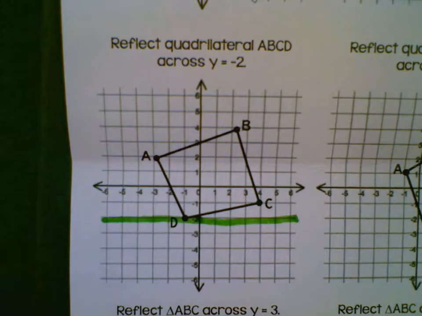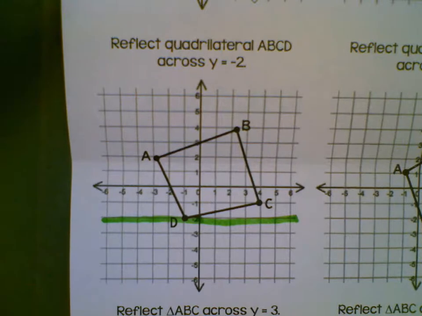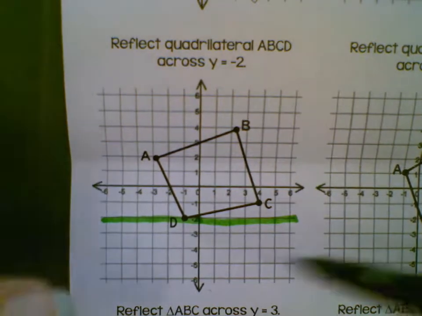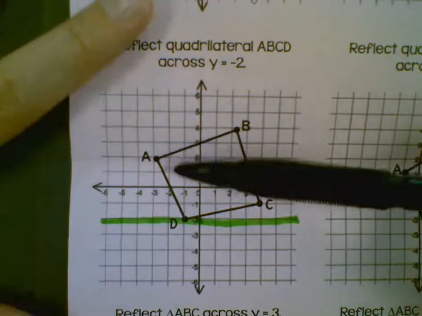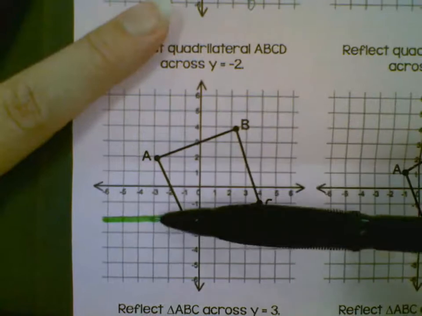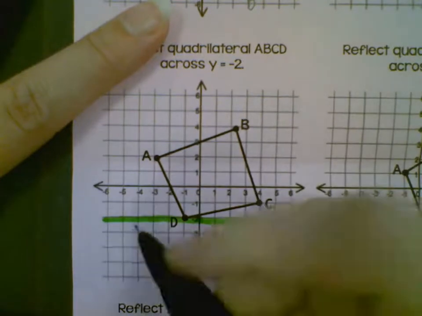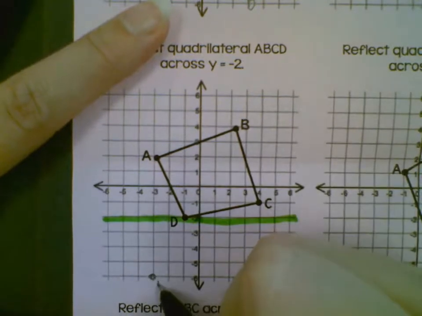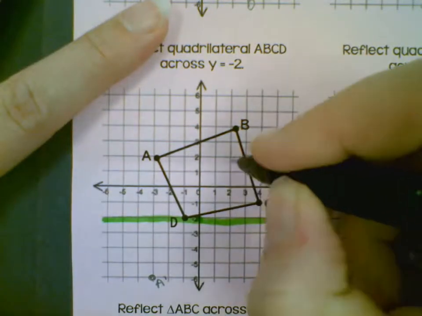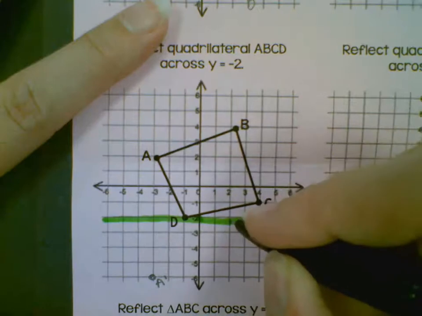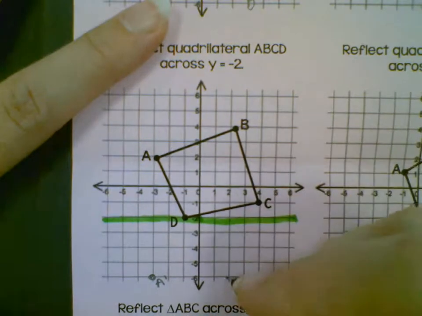So y equals negative 2, or y equals any number with no x, it's always going to be a horizontal line. So now we're going to do the same thing that we did for the first example, but that green line that I drew is the line that we're counting away from. So a is 4 points above, so a prime will be 4 points below. B is 2, 4, 6 above, so b prime will be 6 below.